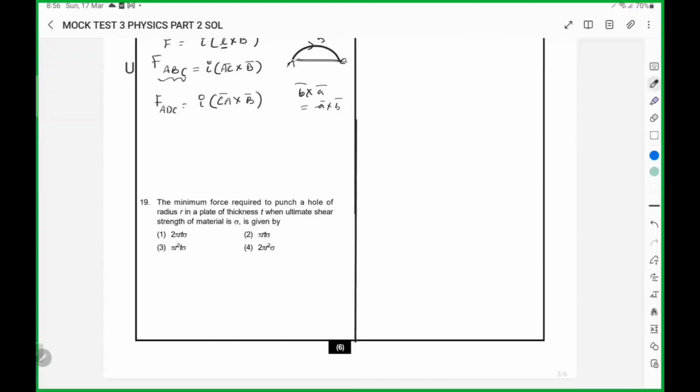Here, the minimum force required to punch a hole of radius r in a plate of thickness t.